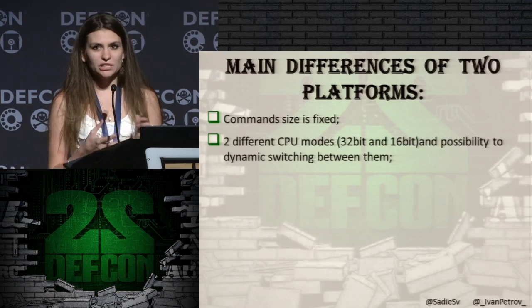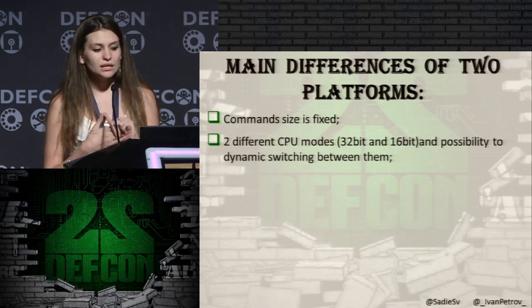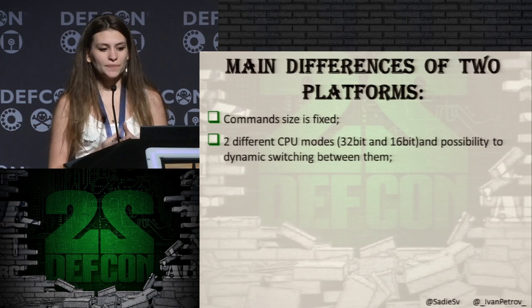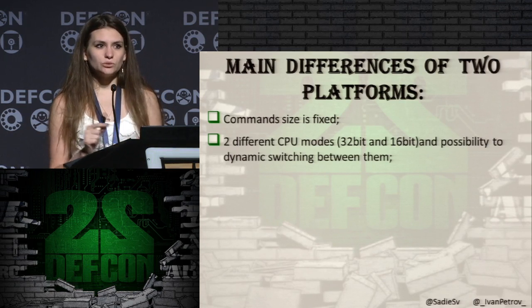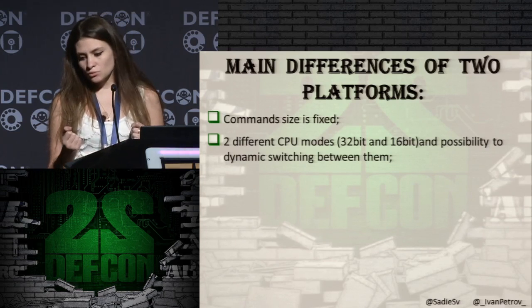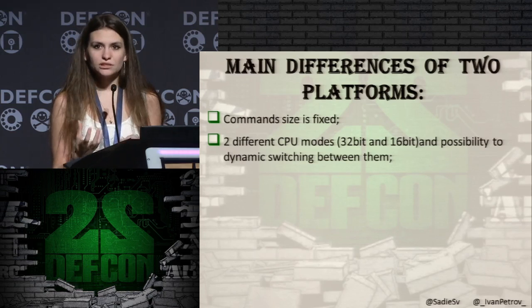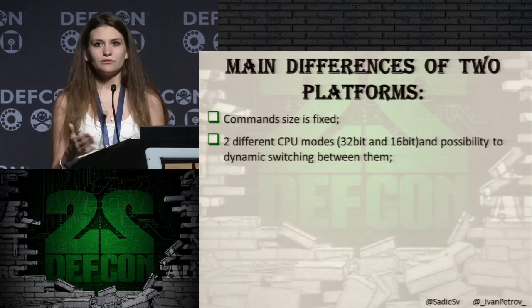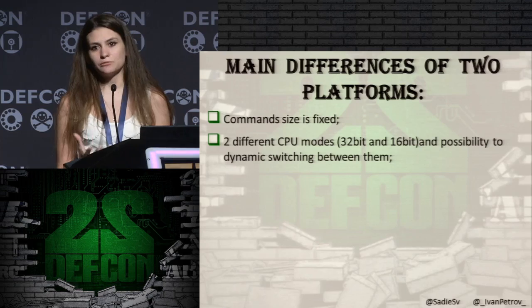So as I mentioned before, we have two different CPU modes, and there is the possibility to switch between them dynamically. In the shellcodes for the ARM platform that we have already analyzed, we have already seen this obfuscation.